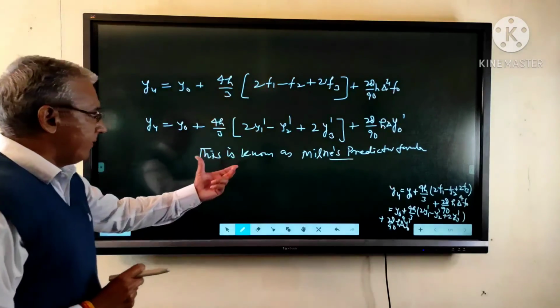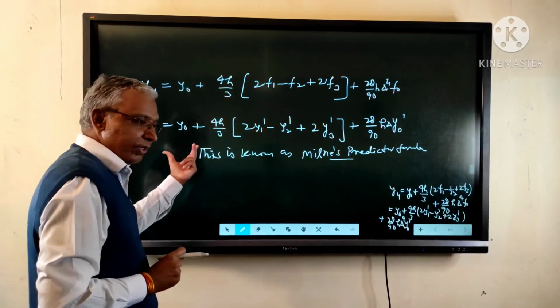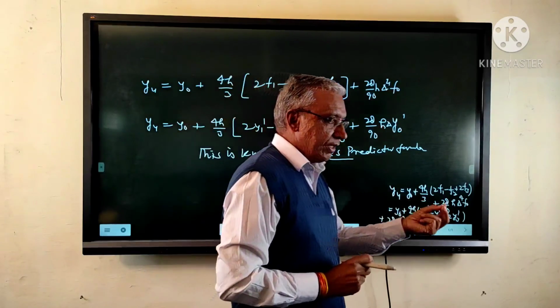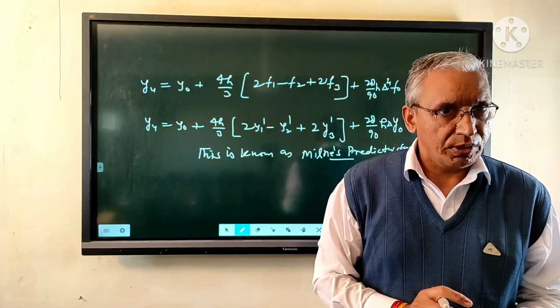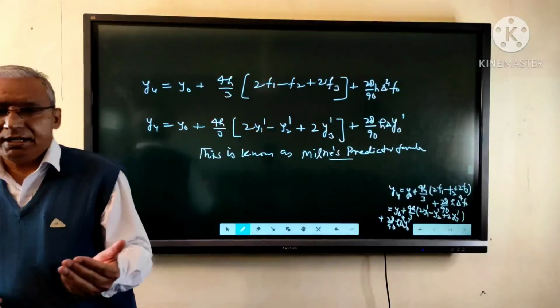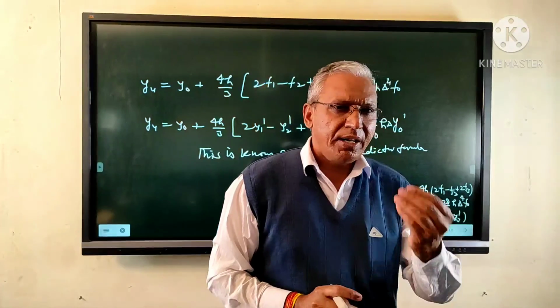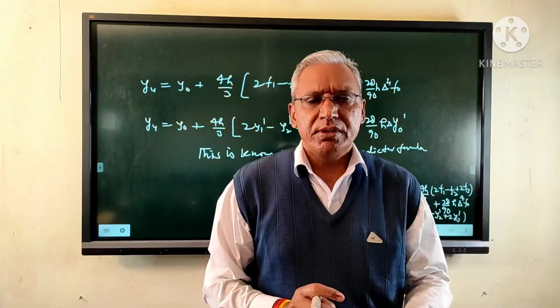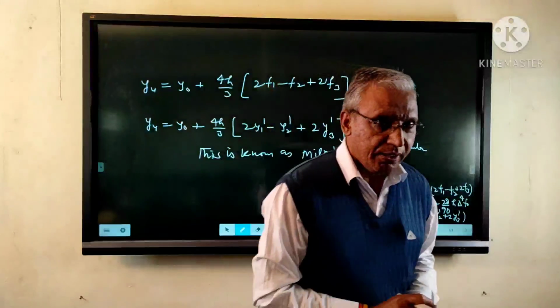So this formula predicts the value of y4 at t equal to t0 plus 4h. Then this value is improved by Milne's corrector formula. We will derive Milne's corrector formula in the next lecture. Thank you. Have a nice day.